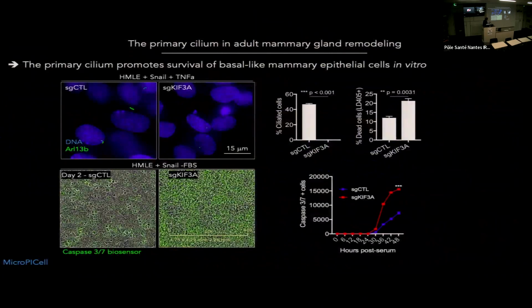Genetic ablation of cilia in these cells results in induction of their death triggered by TNF-alpha, as measured here by FACS, or simply measured by video microscopy using a biosensor of Caspase-7 activity, as you can see here.